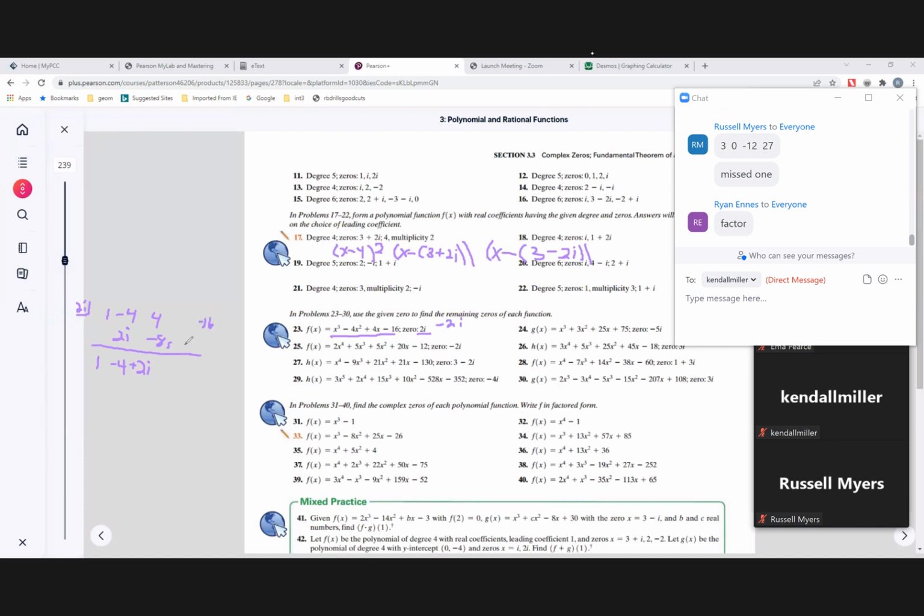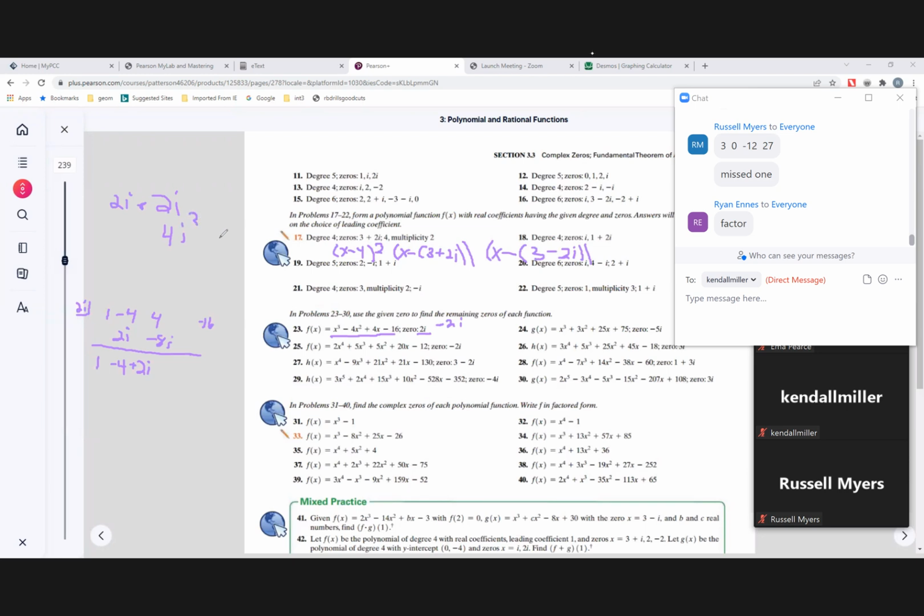Minus. Okay, so I got an 8i. 2i, I'm going to go up here. 2i times 2i is 4i squared. Remember, we're treating it like a variable.